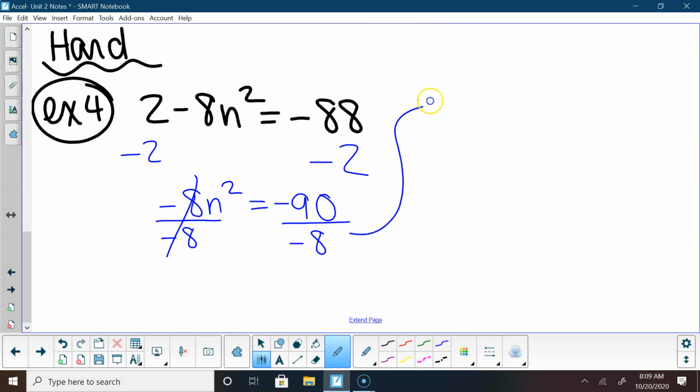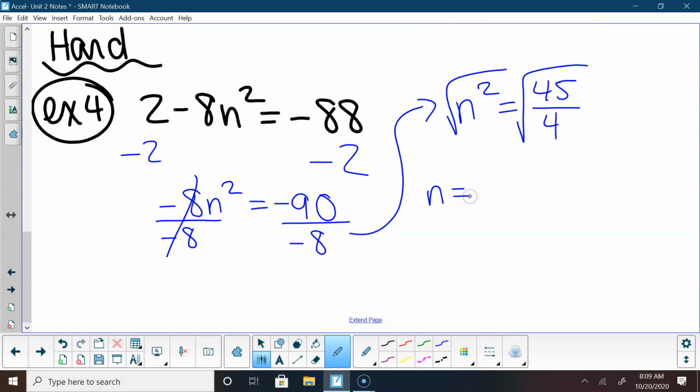So I'm left with n squared equals 45 over 4. Square root both sides. So I've got n equals positive or negative square root of 45 over, what's the square root of 4? 2.